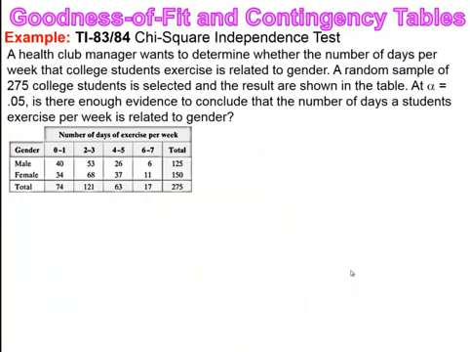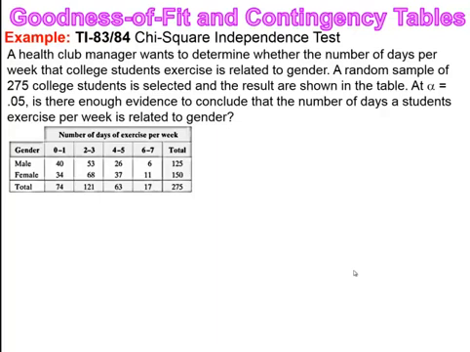So we're going to do an example here, the chi-square independence test. A health club manager wants to determine whether the number of days per week that college students exercise is related to gender. A random sample of 275 college students is selected, and the results are shown in this table.